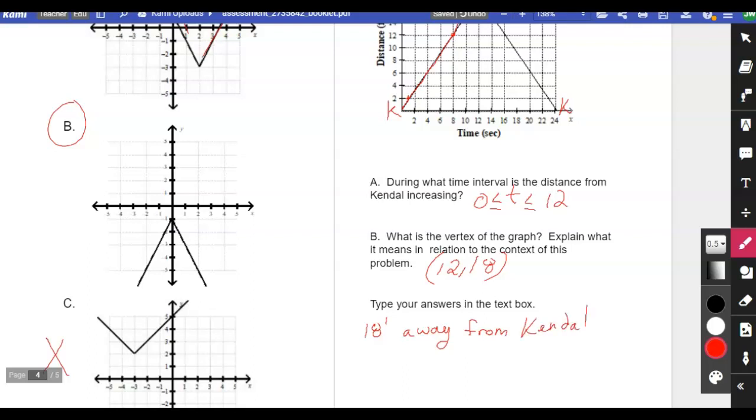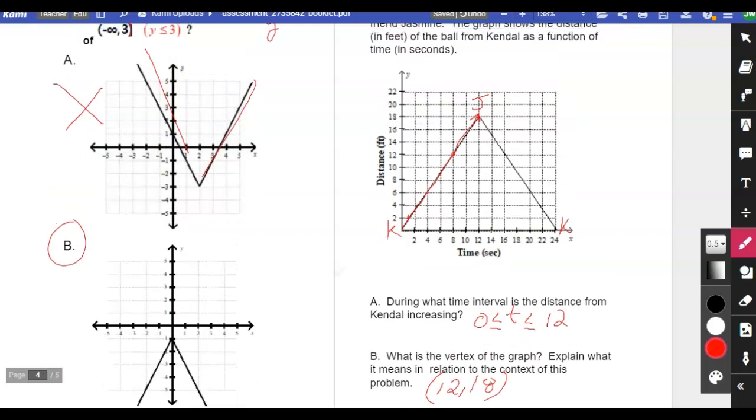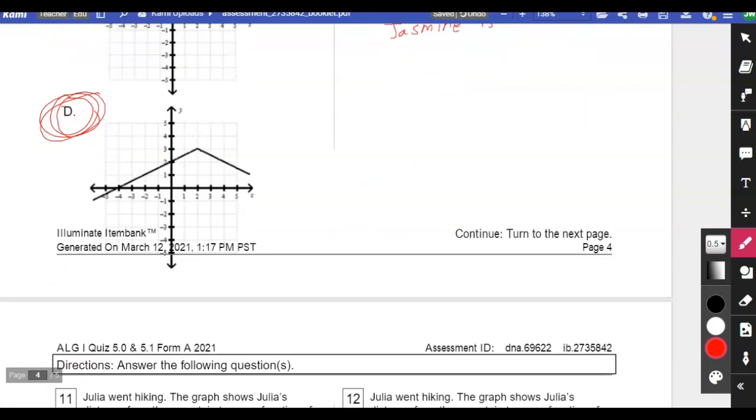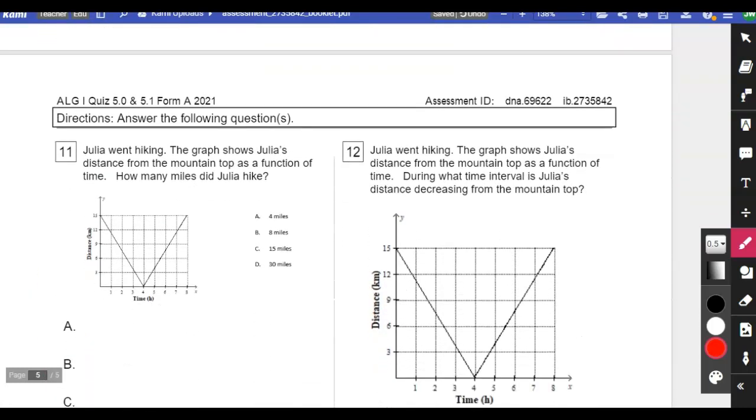But most importantly, 12, 18 represents where her friend stands, which was Jasmine. It represents where Jasmine is. So 2 different things that I accepted. On to the next page.